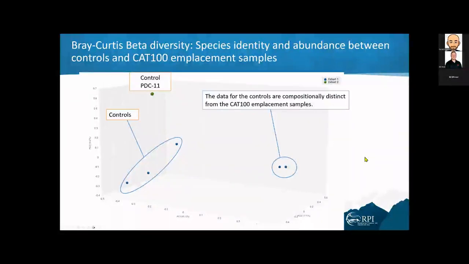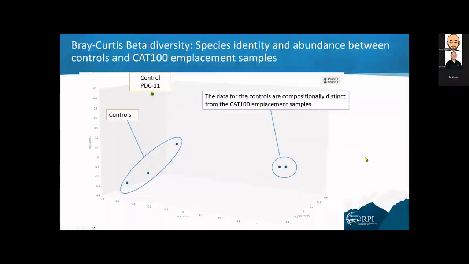Now, what I want you to notice here in this Bray-Curtis analysis is just simply showing you how different the controls are from the cat emplacement. It's something that's obvious to you, but this is just a different way of presenting the same information. And you can see that PDC 11, the green ball, is very different than the unimpacted controls, both of which are greatly different than the cat emplacements.